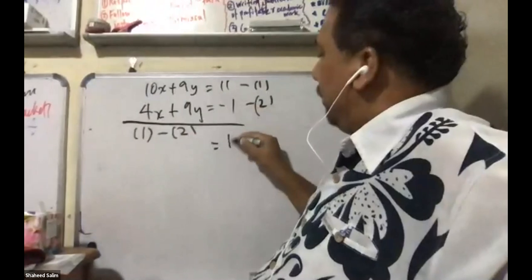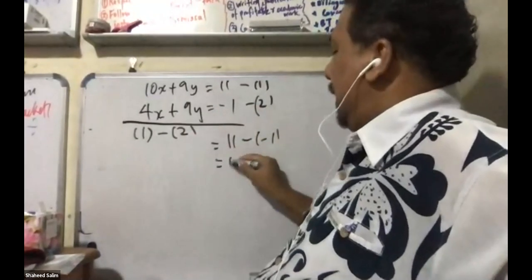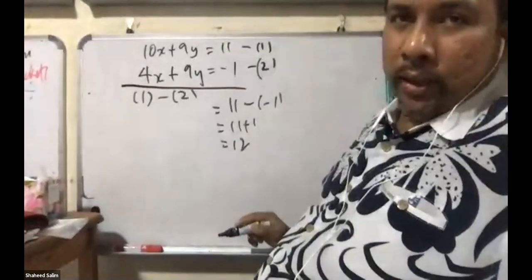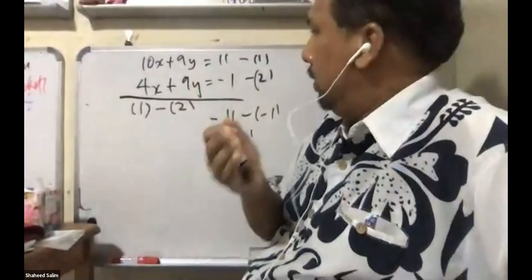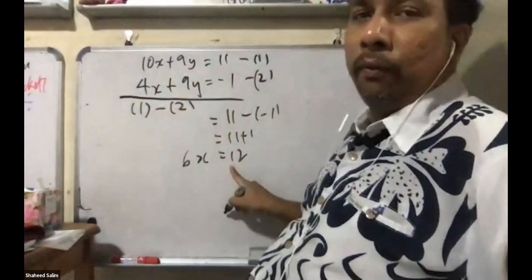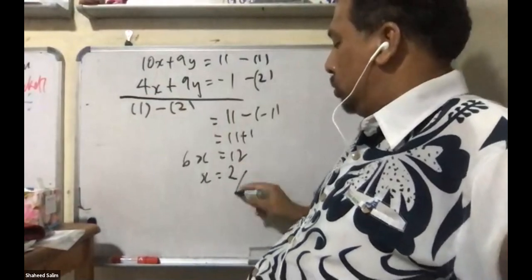So down here it will be 11 minus -1, because you're subtracting, this becomes 11 plus 1 equals 12. This is okay, right? So you see 9y minus 9y, no more y. 10x minus 4x is 6x. 6x equals 12. X equals 12 divided by 6, which is 2.